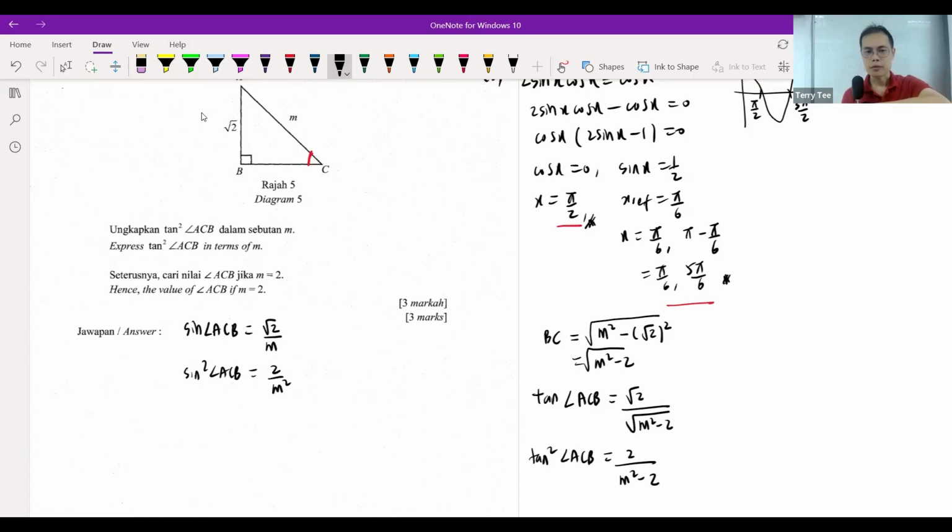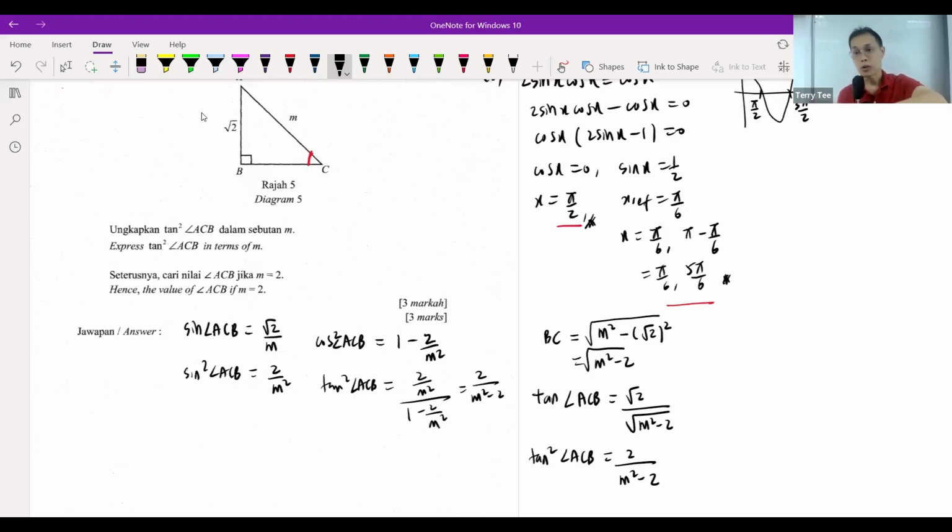Your cos square ACB is 1 minus sine square. Therefore, your tangent square ACB is your sine square over cos square. Not advisable, a little bit long. You multiply top and bottom by m square, 2 over m square minus 2.